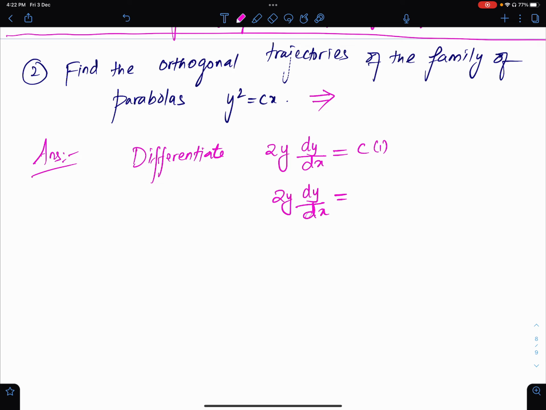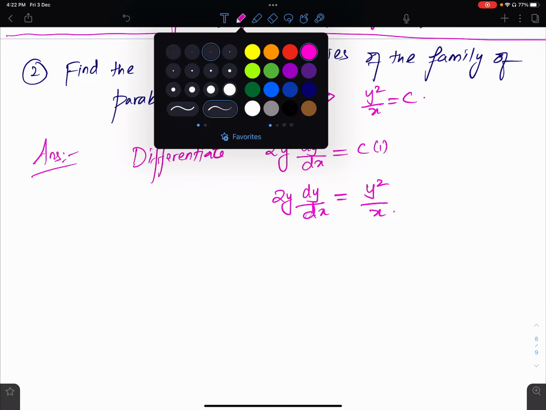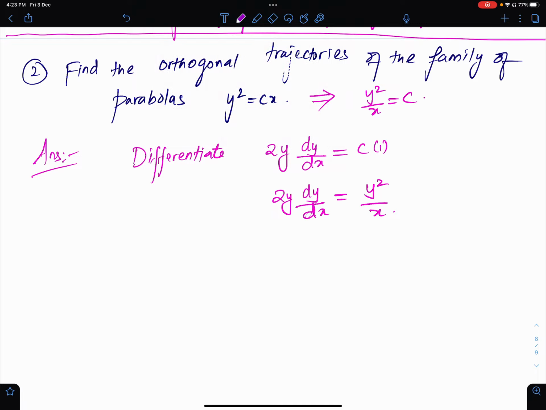What is c from here? y square by x is equal to c. So c is y square by x. After that, what you have to do? You have to change dy by dx as minus dx by dy. Don't forget. So this is equal to y square by x.